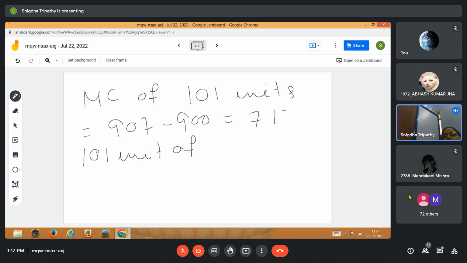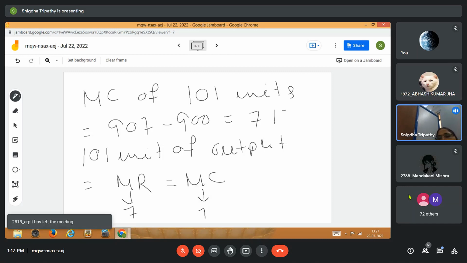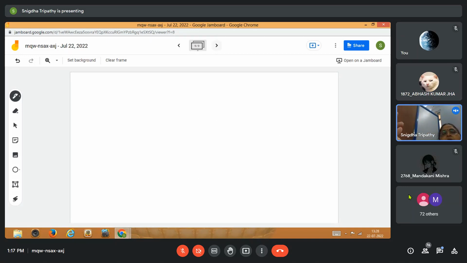So when it is 7 rupees, that means at 101 units of output, your marginal revenue is equal to the marginal cost, because marginal revenue is 7 and marginal cost is also 7. Now, understood the meaning? Then how can we write down marginal revenue?